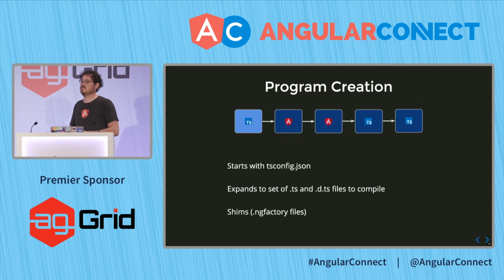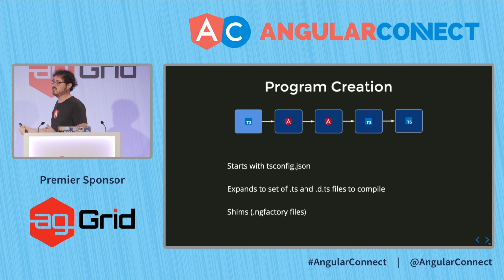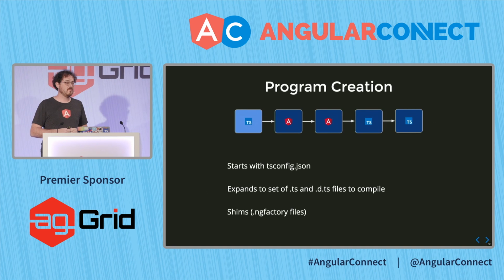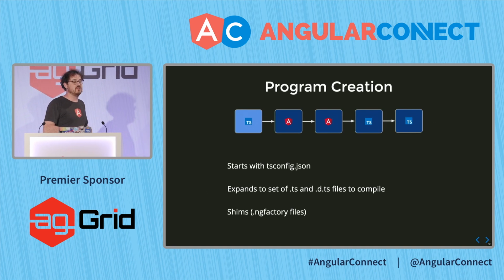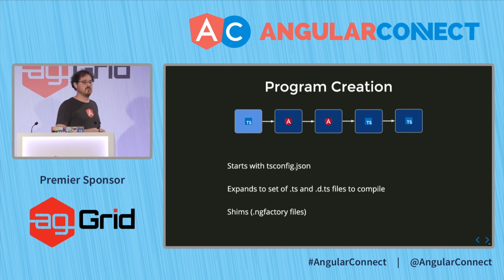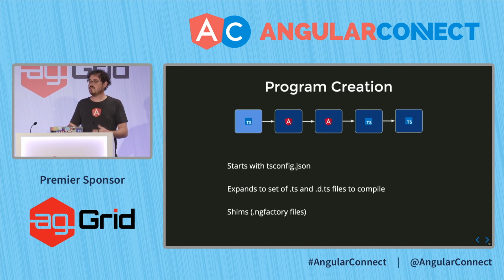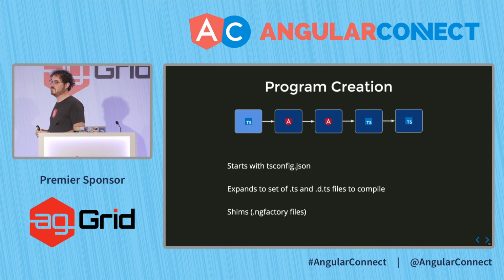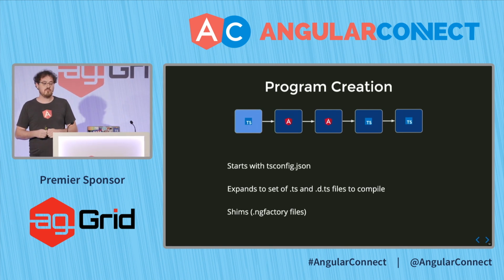Program creation is the process of TypeScript discovering all of the source files it needs to understand your program. And this begins with your tsconfig.json file. From that, TypeScript learns an initial set of TS files that are part of your program. And it looks at the imports of those and discovers more files. They might be in your app, they might be libraries that you imported from node modules.